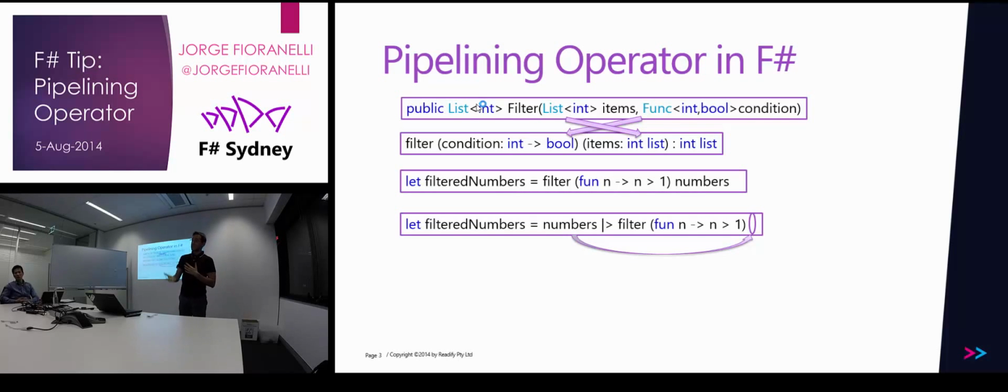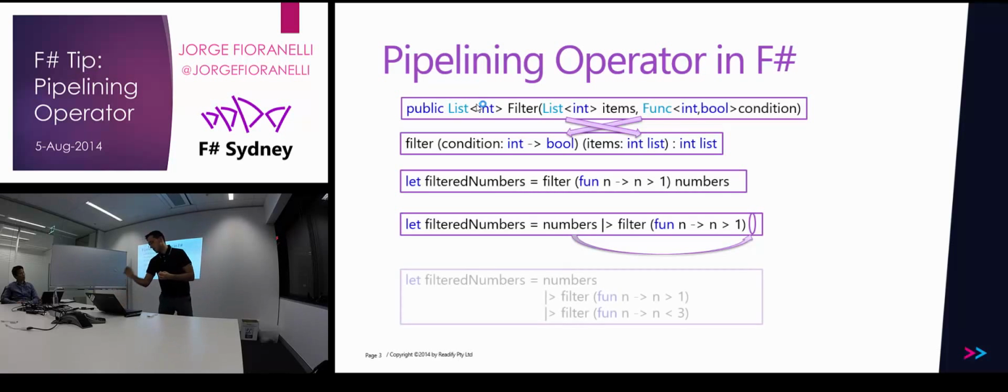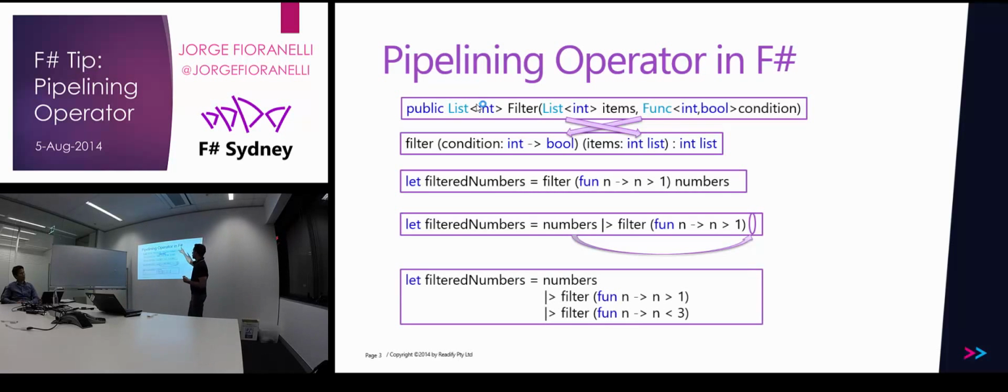So it's similar to the extension method, but the extension method puts that argument at the beginning, while the pipelining operator puts it at the end, and that's why you need to swap the order. And you can write code like this, in which you chain different functions.